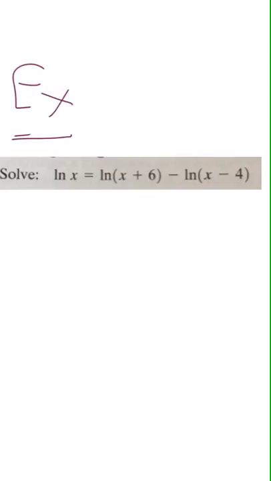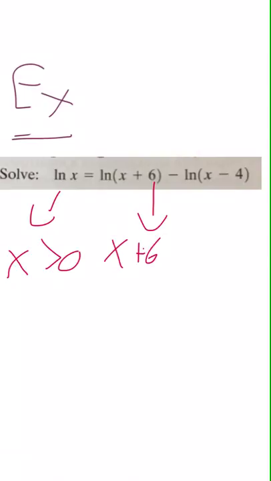So here's another example. Solve ln of x is equal to ln of x plus 6 minus ln of x minus 4. Before we even start, it might help to figure out the domain so we can figure out what values our solutions can or cannot be. Remember, the inputs have to be greater than 0, which means x has to be greater than 0, x plus 6 has to be greater than 0, and x minus 4 has to be greater than 0.